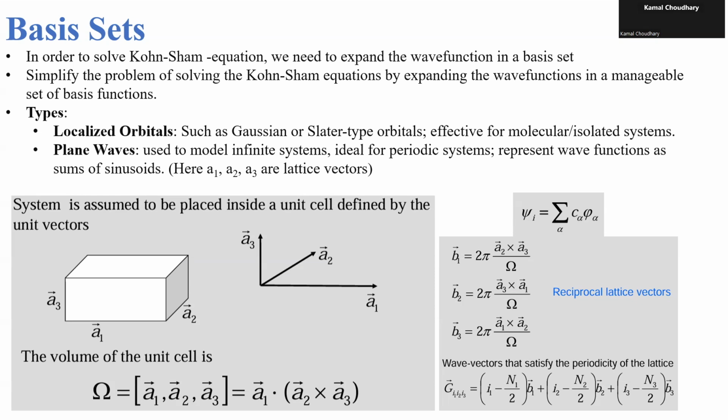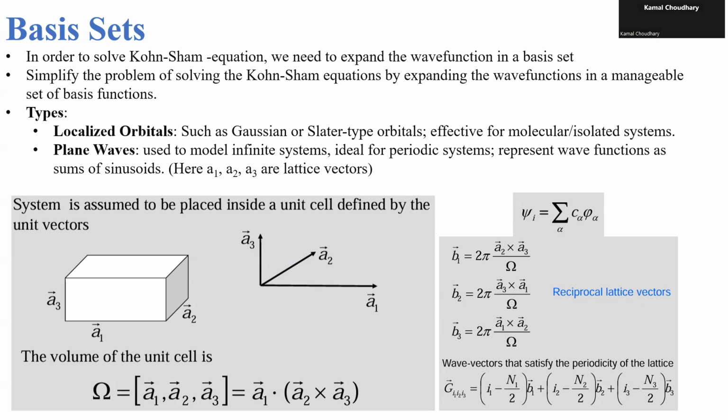There are different types of basis functions. It could be localized orbitals, such as Gaussian or Slater type orbitals. These are especially important for molecular or isolated systems. Or there could be plane waves, such as for solids like aluminum and so on, which are usually periodic.